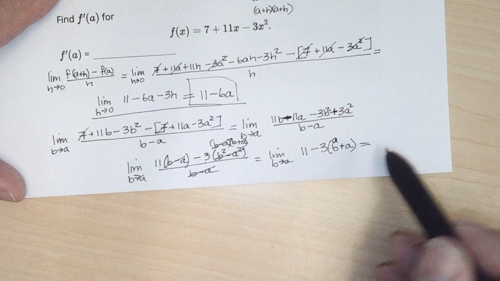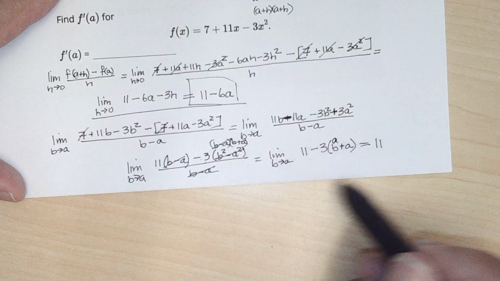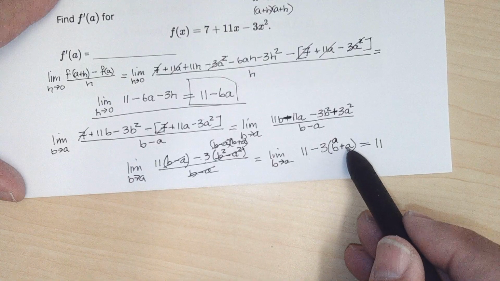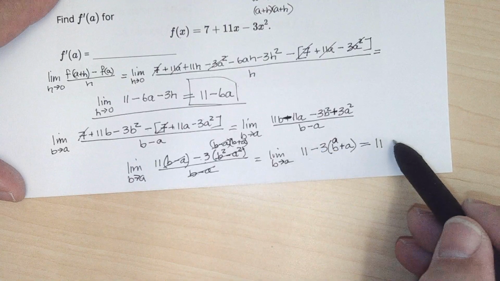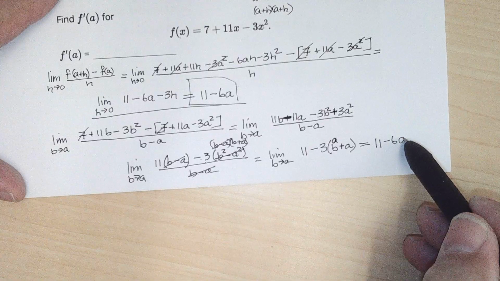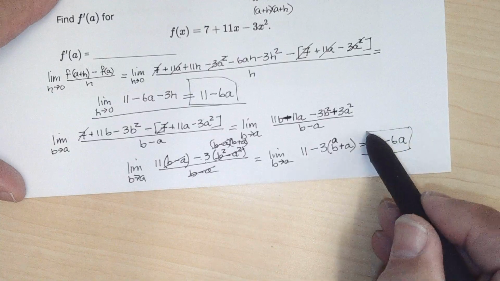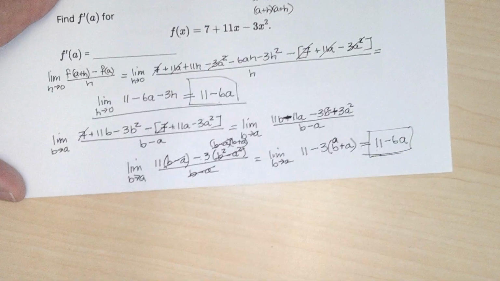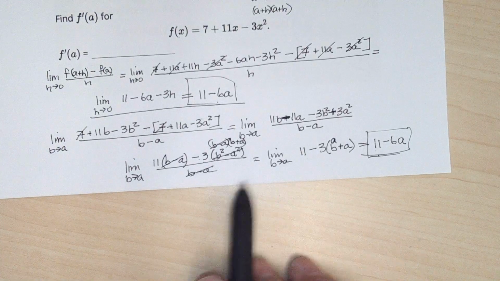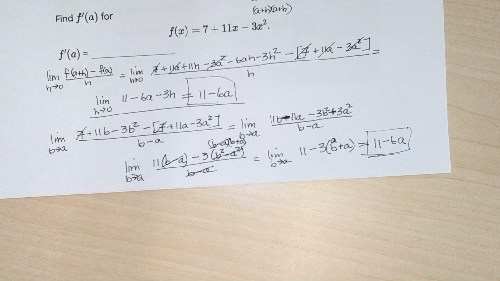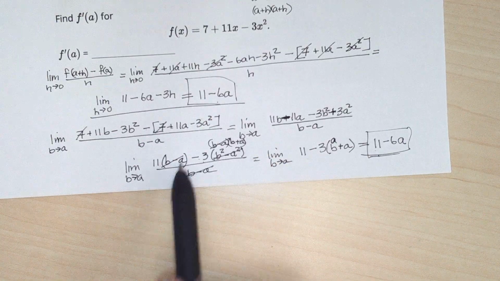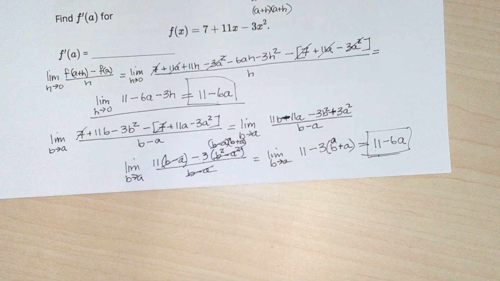So this turns into 11, and a plus a is 2a times minus 3 is minus 6a. Same answer. I made a couple mistakes on this one, even though the math is not so terribly difficult. So you can go either way. The math is not a whole lot better either way on that one. And that's number 8.